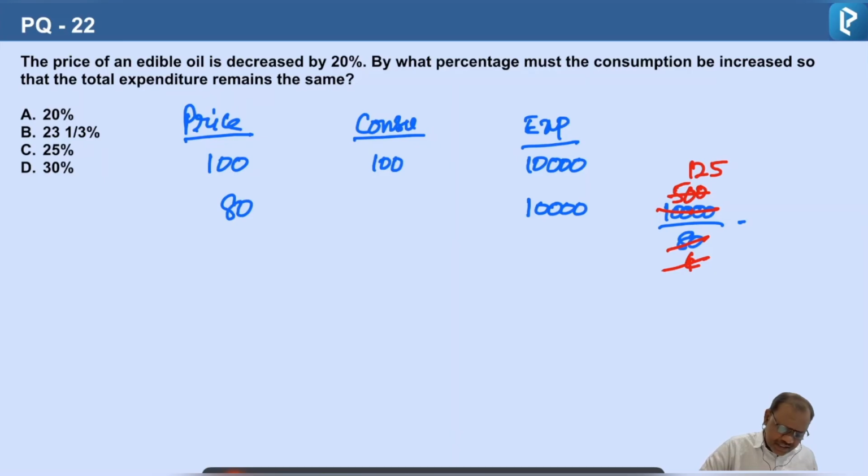So that is 125. So by what percentage must the consumption be increased? So consumption must be increased by 25%. Option C is the right answer.